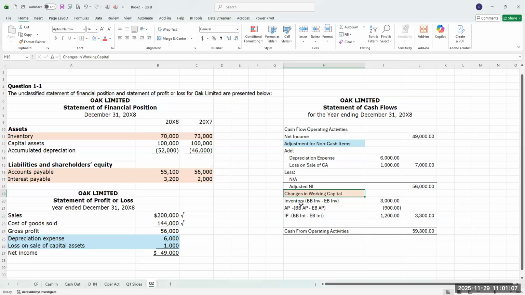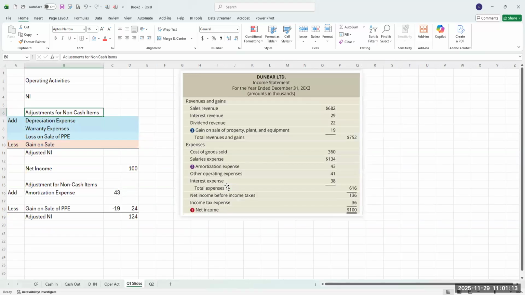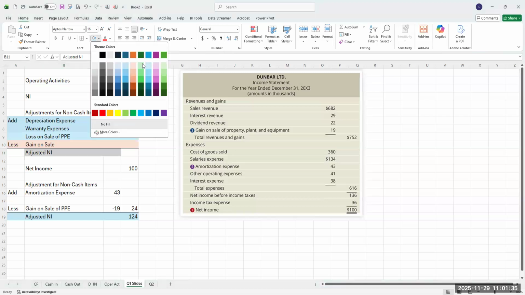Now, whatever we learned here in terms of the working capital, let's apply it to our question from the slides. Since we already came up with the adjusted net income, that's our first point, to get the adjusted net income. When we're adjusting it for, let's say, the depreciation, warranty expenses, and loss by adding those and deducting the gain, we already did this.